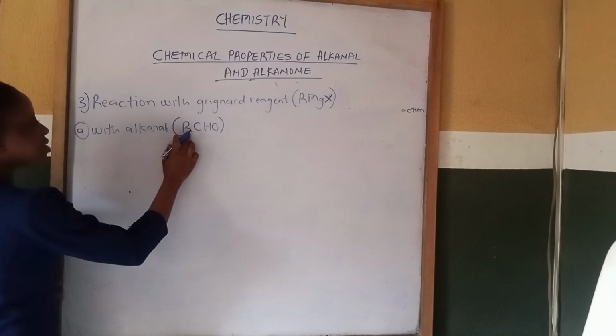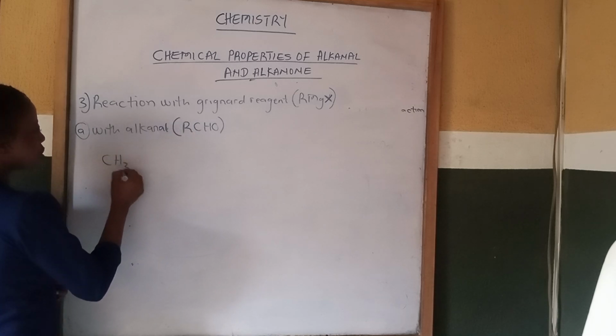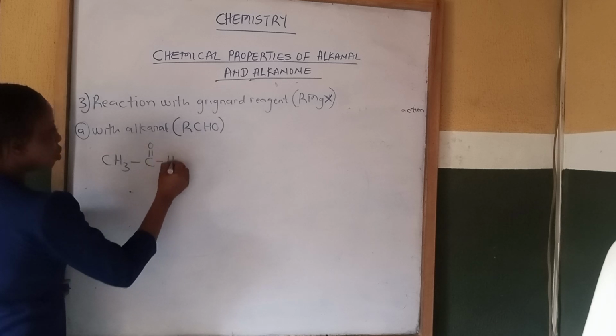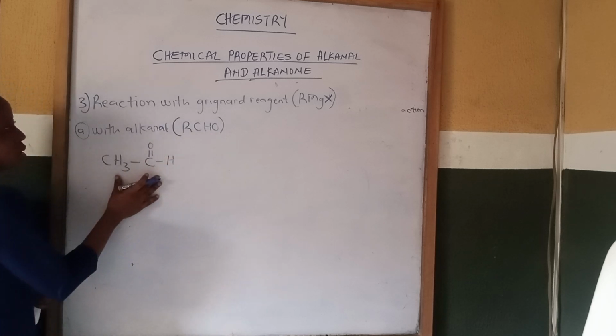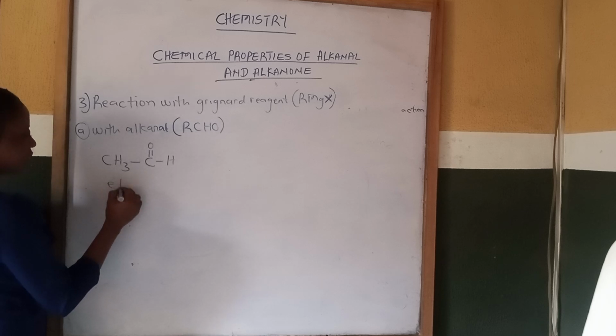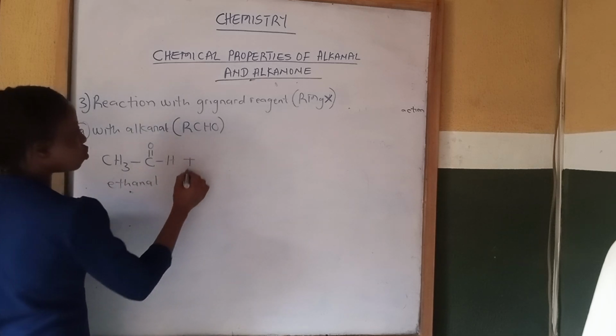So I'm going to replace this R with an alkyl group, then followed by double bond O, then your hydrogen. So this is a known alkanal. What's the name of this alkanal? That is ethanal.